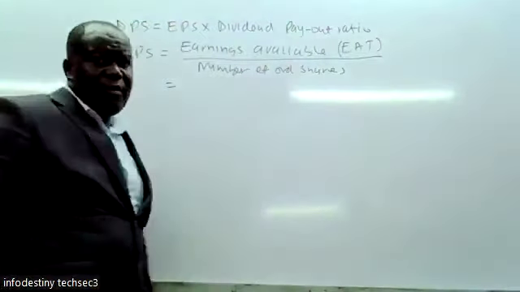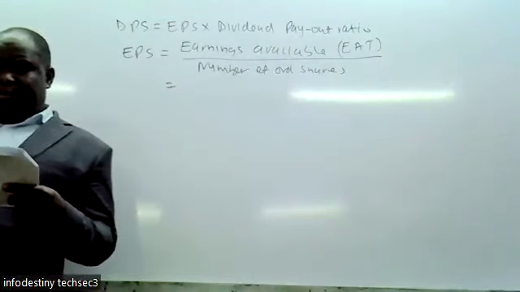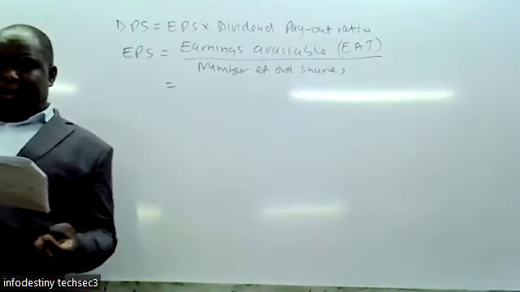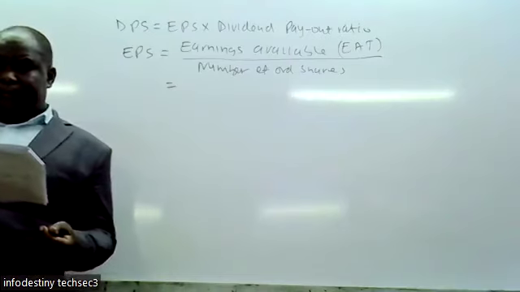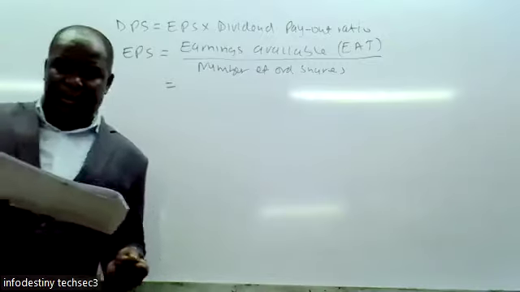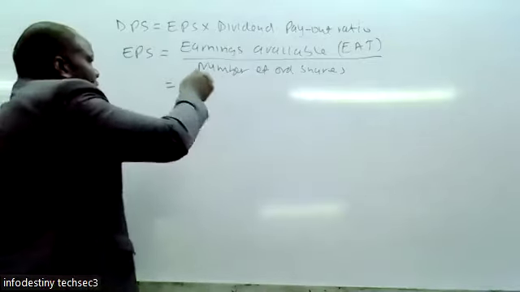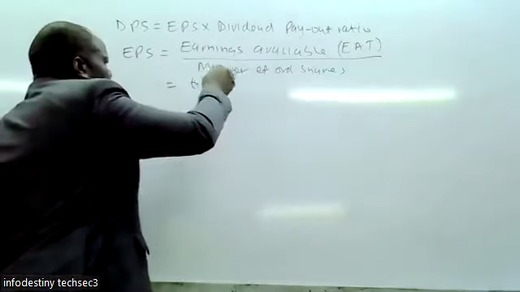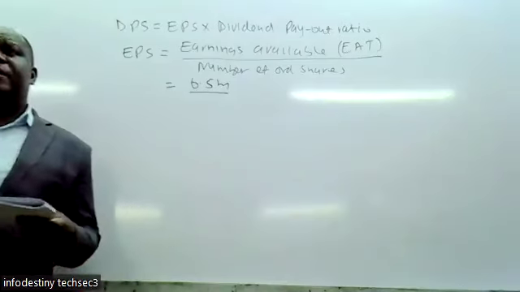So when you go through the question, they were able to give you what is supposed to be the earnings after tax. You see the 6.5 millions. So the question has been able to give you the 6.5 millions. So that is our earnings available. So 6.5 millions divided by the number of the ordinary shares.